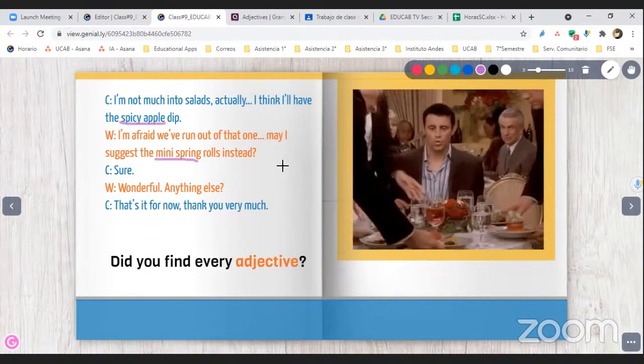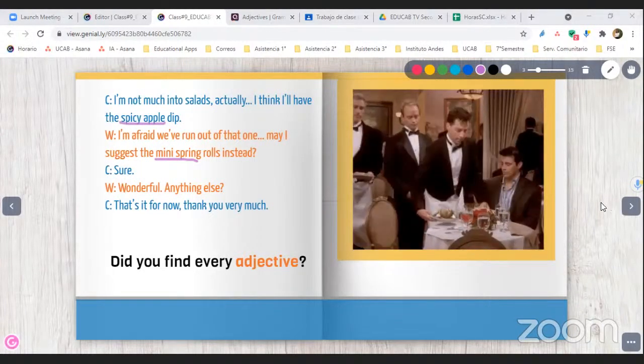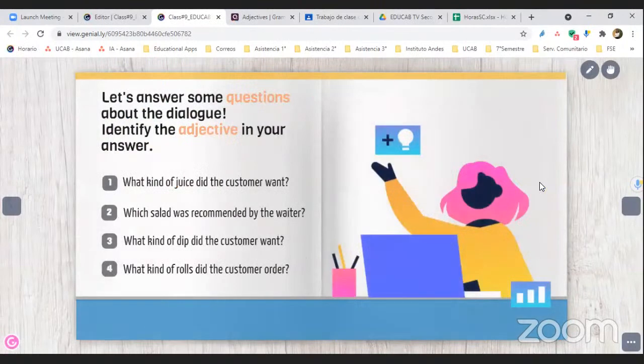So before we go, I want to ask you to do a last activity. But for this one, I want everyone to participate, not only Leticia and Luisana, who did a really good job, but I want to hear other voices or maybe see someone writing in the chat. So let's see if you paid attention to the story, to the dialogue.